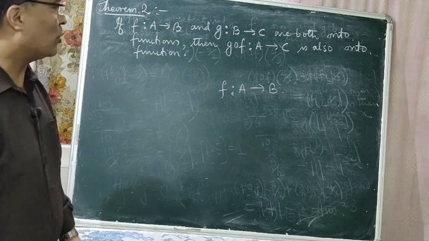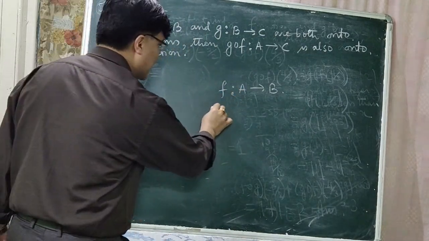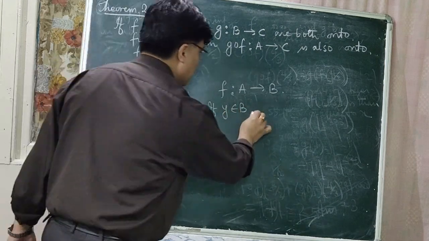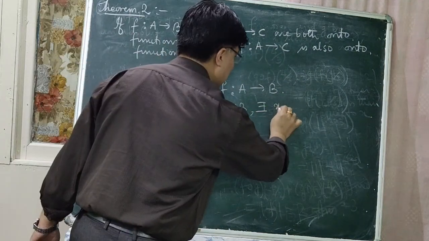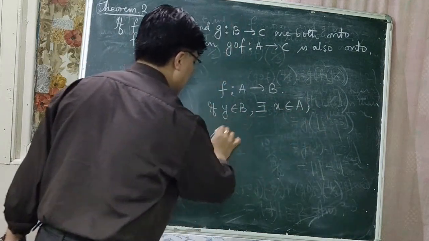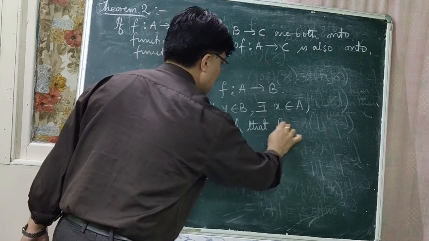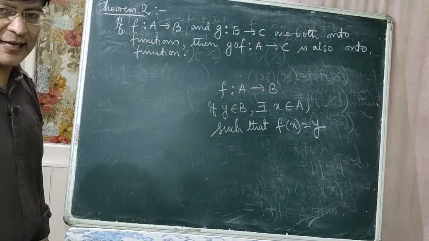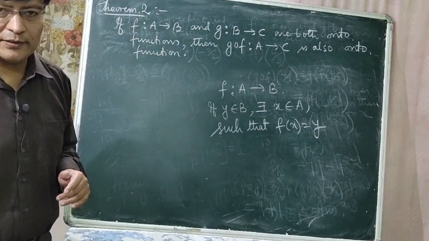So for onto function you have to prove that if y belongs to the set B, then there exists x belongs to the set A such that f of x is equal to y. Is that clear? This is how to prove the onto function.